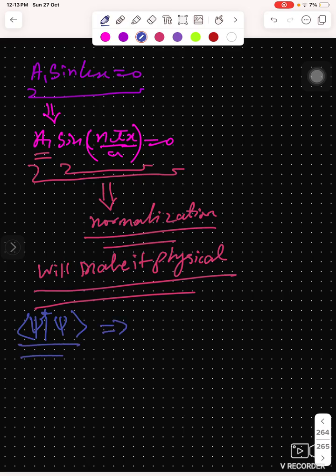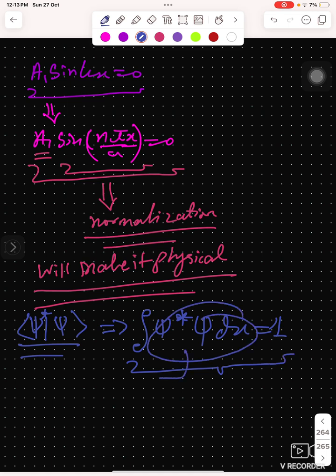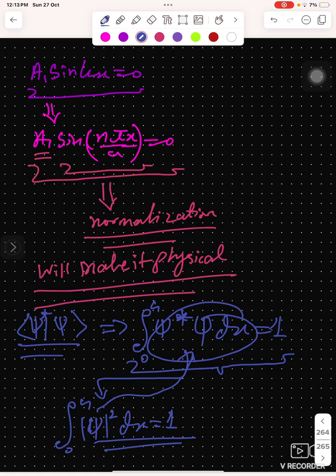Using this, this is what the normalization would look like, but this whole thing would be the same as saying the integration from 0 to a. This is what you will call the probability density, equal to 1.